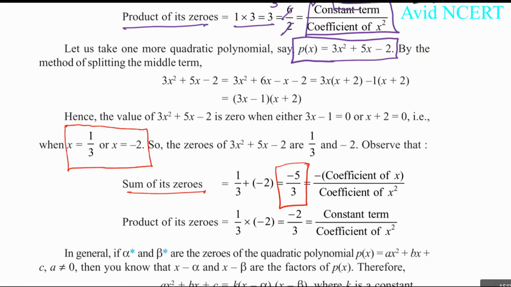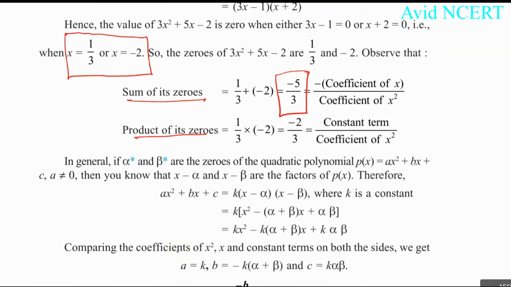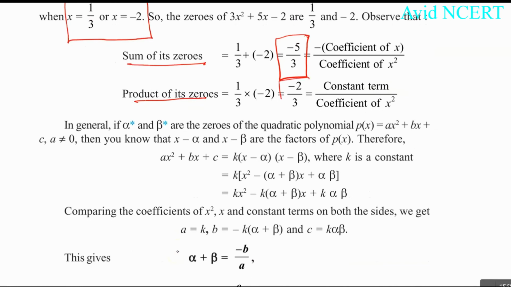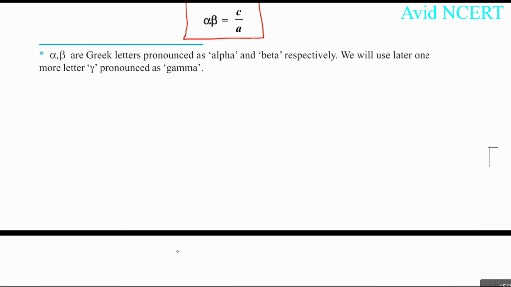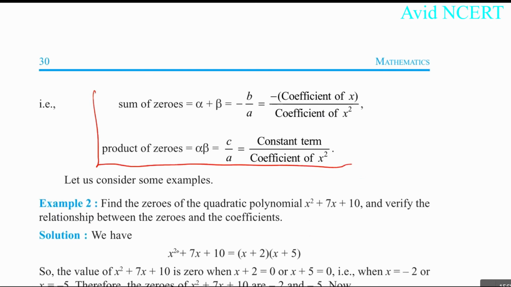And the product of zeros is minus 2 by 3, which equals constant term divided by coefficient of x square. This is what you have to remember for solving these problems. Sum of zeros alpha plus beta equals minus b by a, which equals minus coefficient of x by coefficient of x square. And product of zeros alpha beta equals c by a, which equals constant term divided by coefficient of x square.